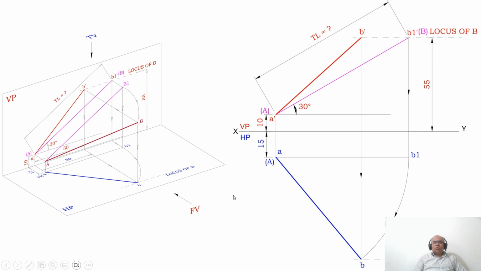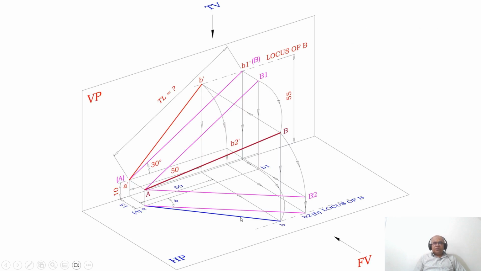Once you get this, now I want to get the true length in the top view. So to find the true length in the top view, what should I do now? With A as center, taking the radius of this line which is in space, you start rotating such that A is above HP by 10 mm, and B should also be above HP by 10 mm only.